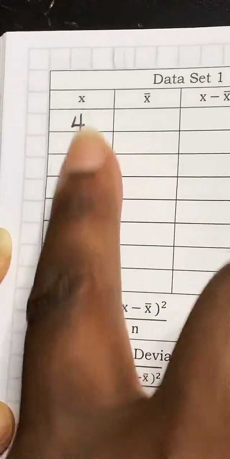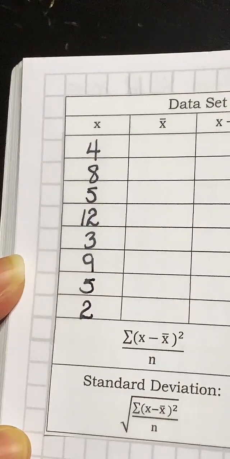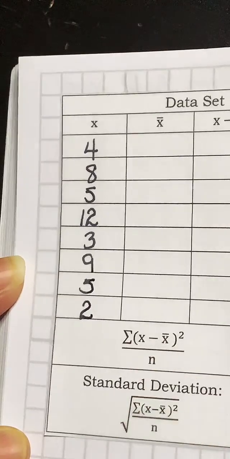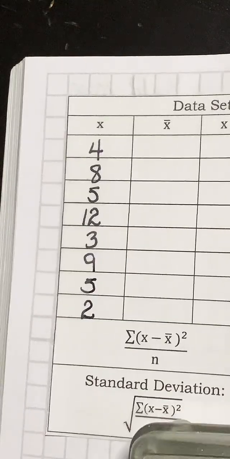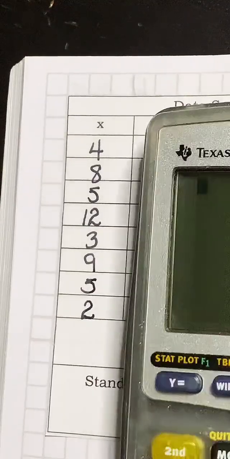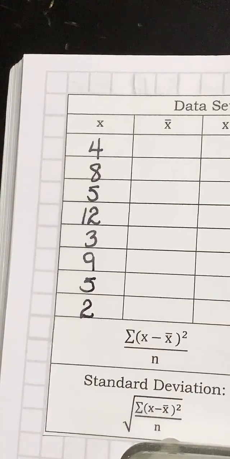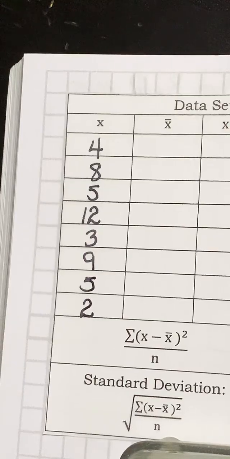So now we need to find the mean, not the median, the mean, in order for us to do any of the parts. So this is when our handy dandy calculator kind of helps us out. So you're not going to be able to see everything. So you just do 4 plus 8 plus 5 plus 12 plus 3 plus 9 plus 5 plus 2.